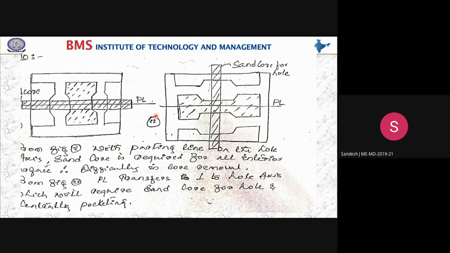And for the center, they have used the sand core, and for the outside two gaps, they have used cast iron. Yes, very good. Then he says difficulty in core removal. Yes, sir. What is that?